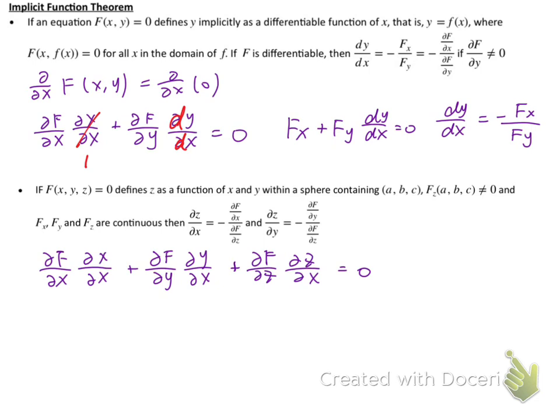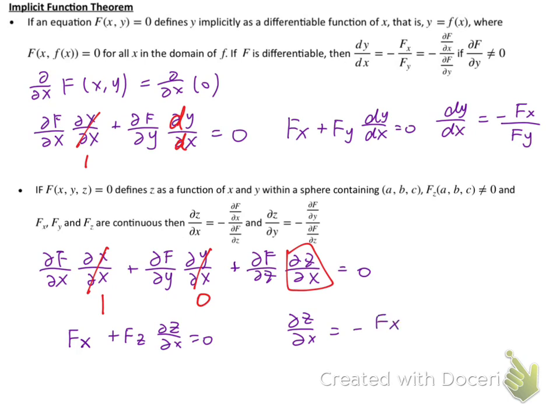You are taking derivative with respect to 0. And what you get is this is 1, this is 0, this is what you're looking for. And that is fx plus fz, partial z, partial x equals 0, or partial z, partial x equals negative partial f partial x over partial f partial z.